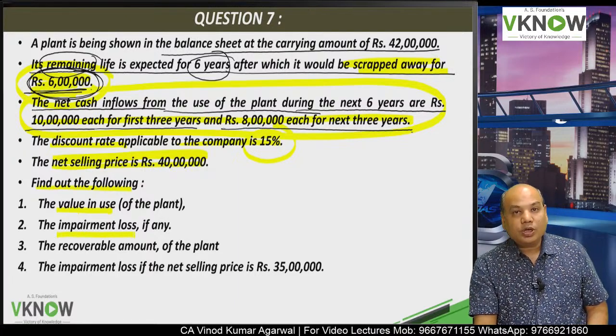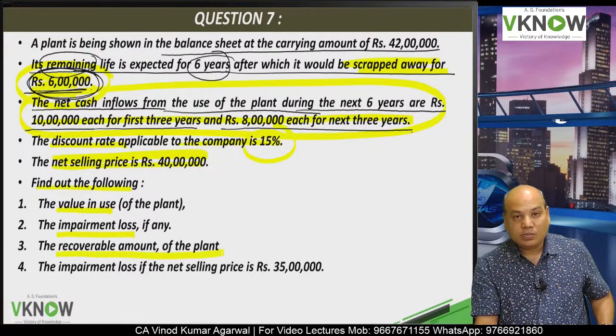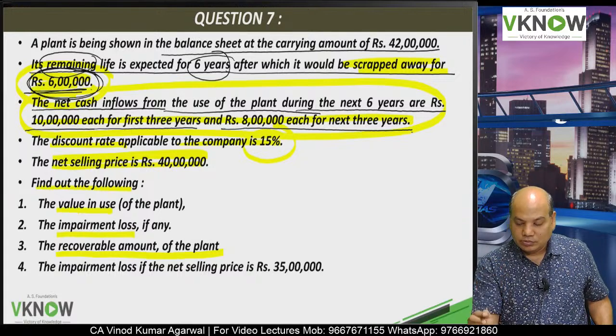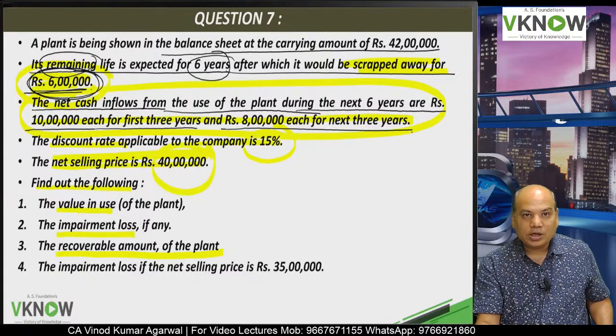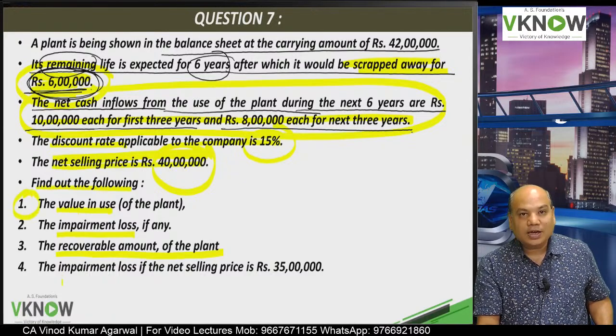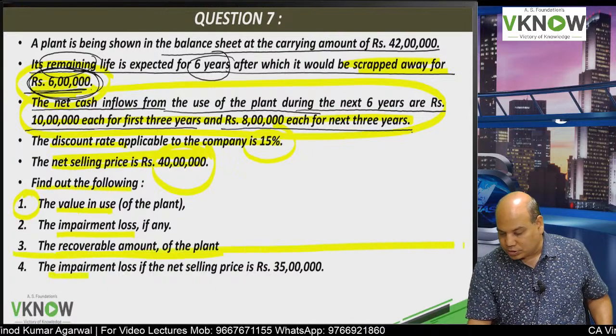Then you have to compute impairment loss, if any. Recoverable amount of the plant is the higher of the two: net selling price, which is given as 40 lakh, and value in use, which you are going to compute in step number 1. And finally, so this is your first question.